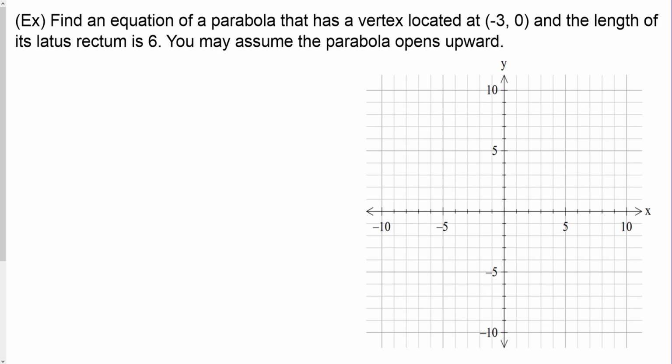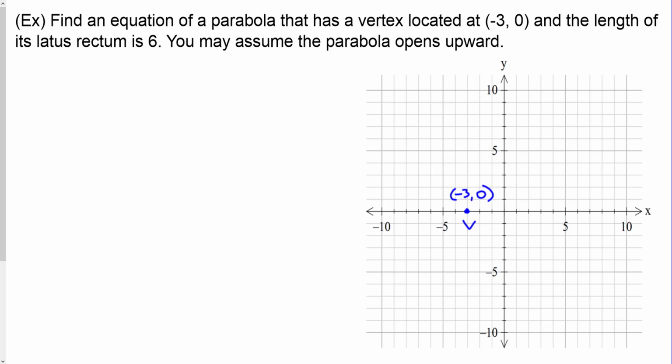All right, so first off, the vertex is located at -3, 0. So if I sketch this, here's -3, 0, right there on the x-axis, and that's my vertex. Length of the latus rectum is 6.